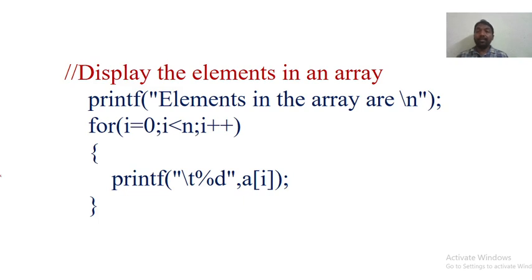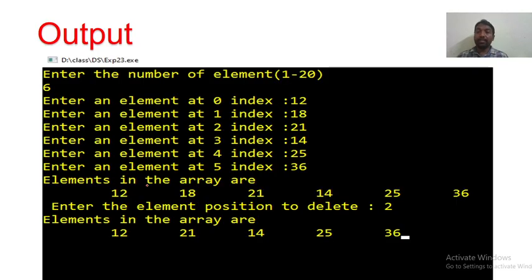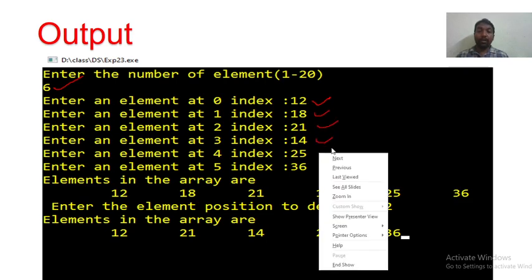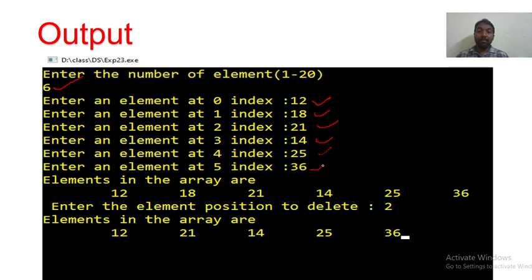Now after deleting the element from an array, if you want to see how many values are left in the array, this is the code on the screen. So let us see the output, how I executed it. I read the 6 elements: 12, 18, 21, 14, 25 and 36.